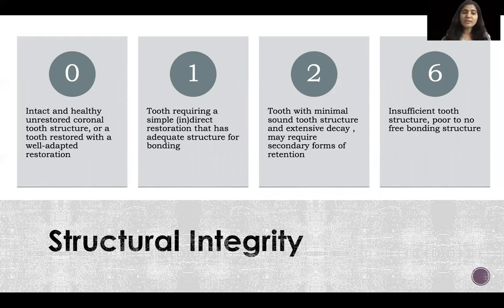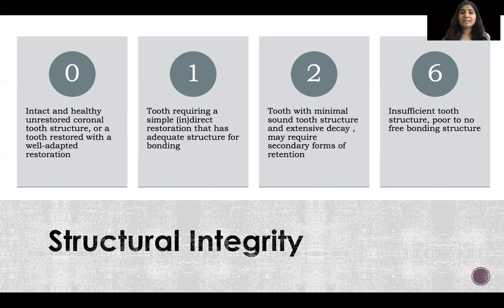Score 0 is given to an intact and healthy unrestored coronal tooth structure, or a tooth that is restored with a well-adapted restoration, which does not require any kind of intervention. 1 is the score given to a tooth that requires a simple direct or indirect restoration, and the availability of the tooth structure is adequate for the bonding procedures.